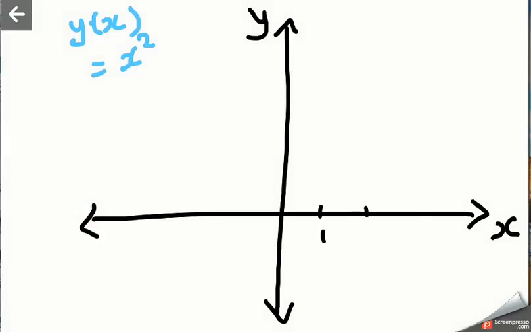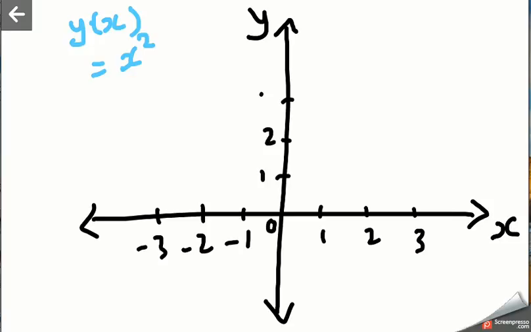Here's 1, 2, 3, -1, -2, -3. And obviously 0 is in the middle. Maybe I should do something vertically as well. 1, 2, 3, 4, -1, -2. Okay, enough of that.